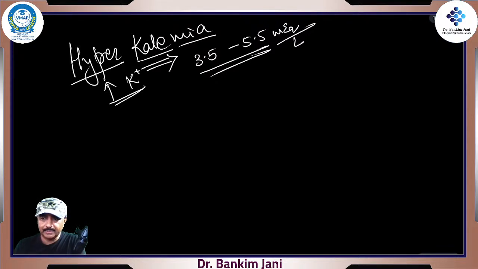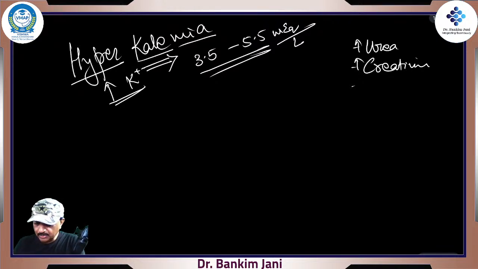And I'll tell you something from the clinical perspective: whenever there is any trouble in the kidney, we go for urea and creatinine. We go for serum creatinine, serum urea, and we find that they are high because the kidney is throwing these things out. But don't miss the potassium, because the kidney is the big boss.